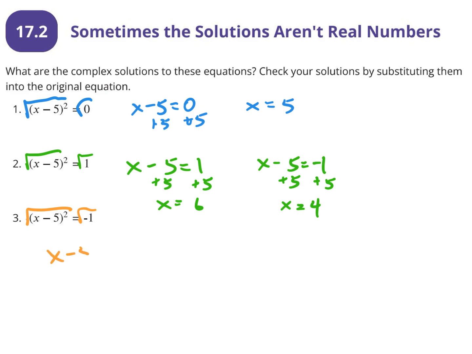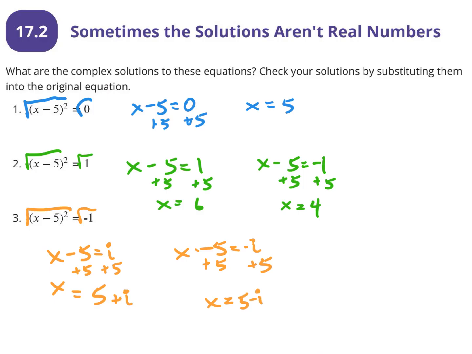So you get x minus 5 is equal to i, positive and negative. x minus 5 is equal to negative i. So you get x, well, I got to add 5 to both sides, just like the previous ones. I get x is equal to 5 plus i, and I get x is equal to 5 minus i. And that is the solution.